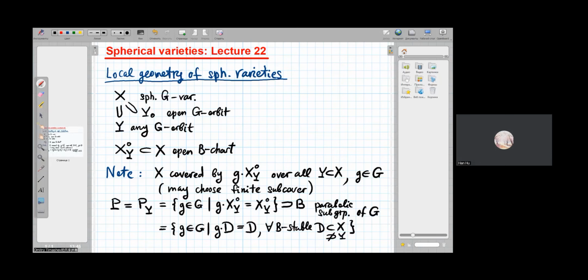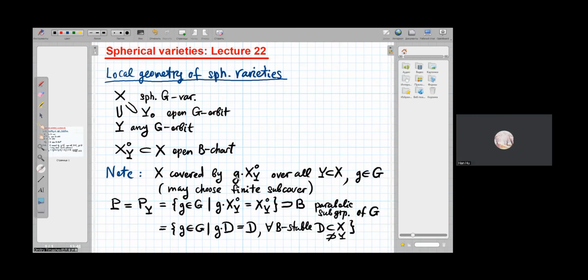What can this parabolic subgroup P do? It can permute the irreducible components of the complement of the open B chart. Yes, I forgot: why is X covered by the translations? Well, because for any G orbit we have a B chart intersecting this G orbit. And since this B chart intersects Y, the shifts of this B chart contain Y, because Y is a single G orbit.